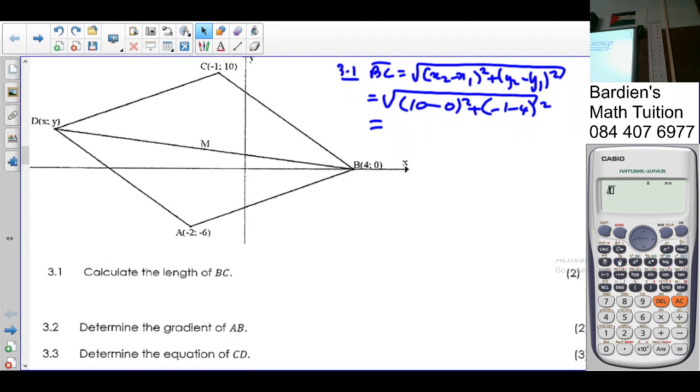So the square root, open brackets, 10 minus 0 squared, plus, open brackets, negative 1 minus 4 squared. Gives us 5 root 5.